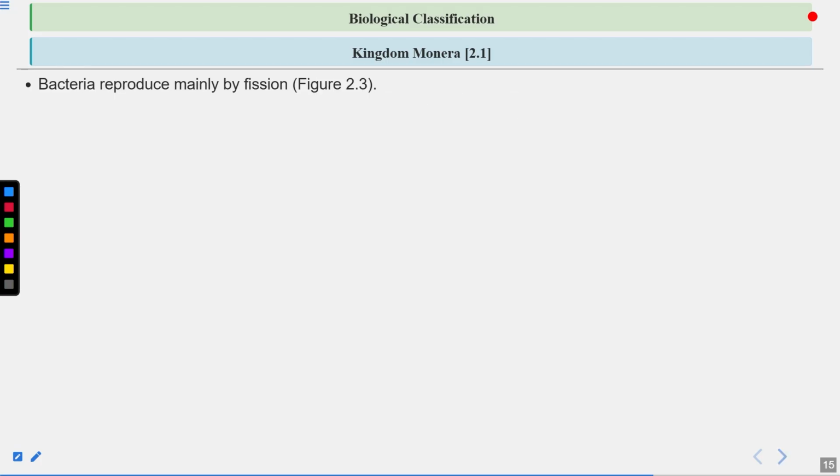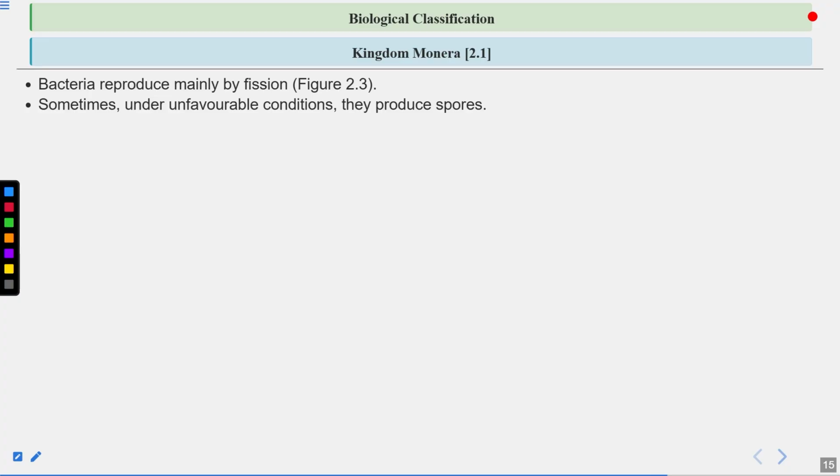Now, bacteria reproduce mainly by fission. This is a kind of asexual reproduction. If we talk about binary fission, one cell divides into two cells. This is a parent cell, and it will divide into two daughter cells. The two daughter cells are genetically identical to each other and to the parent, meaning they are clones.